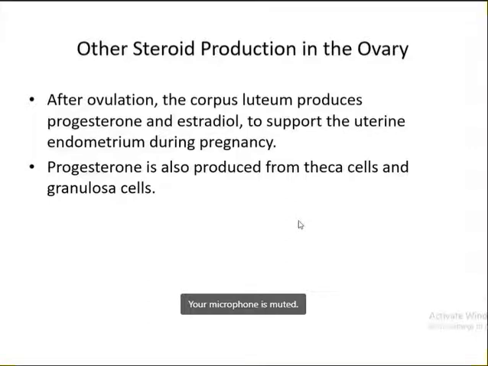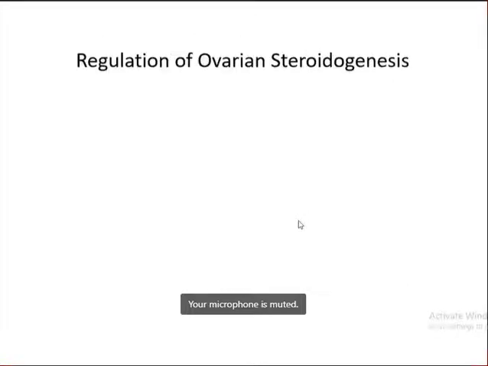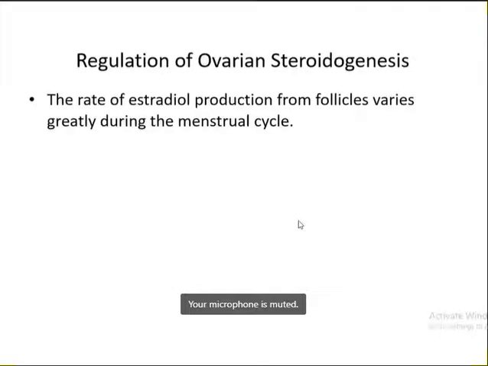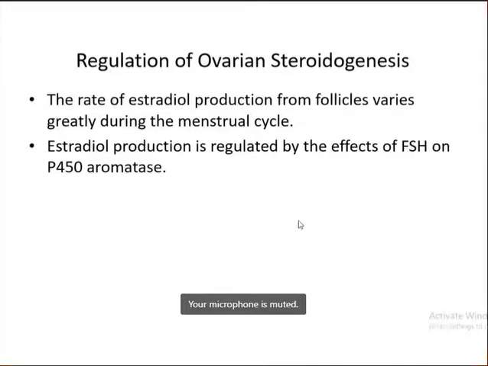How does the regulation of ovarian estrogens occur? The rate of estradiol production from follicles varies greatly during the menstrual cycle. Estradiol production is regulated by the effects of FSH on the P450 aromatase enzyme.